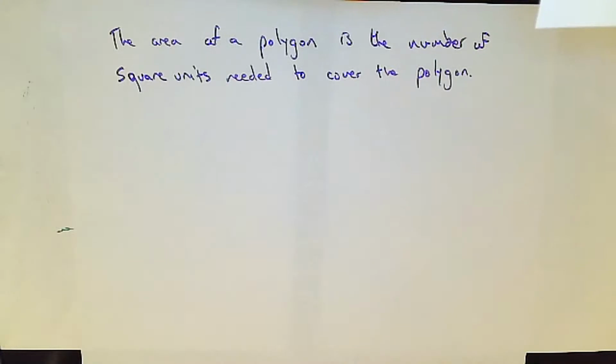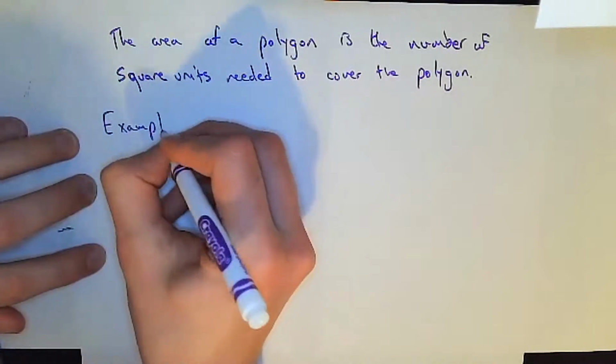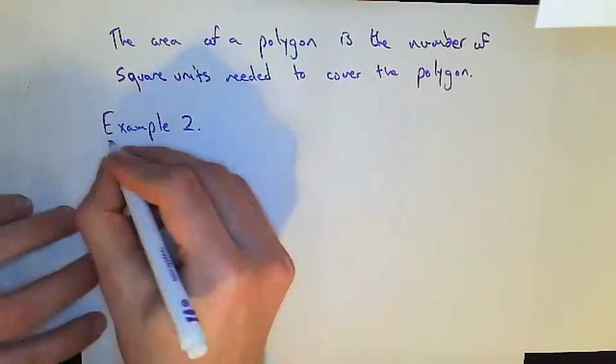And when I say square units, I mean, for example, let's run, what is this, example 3? That's example 3 in the text. I'm going to call it example 2 here.